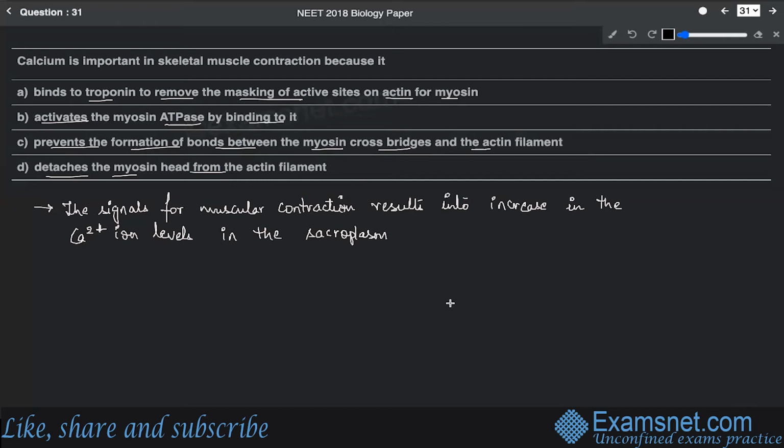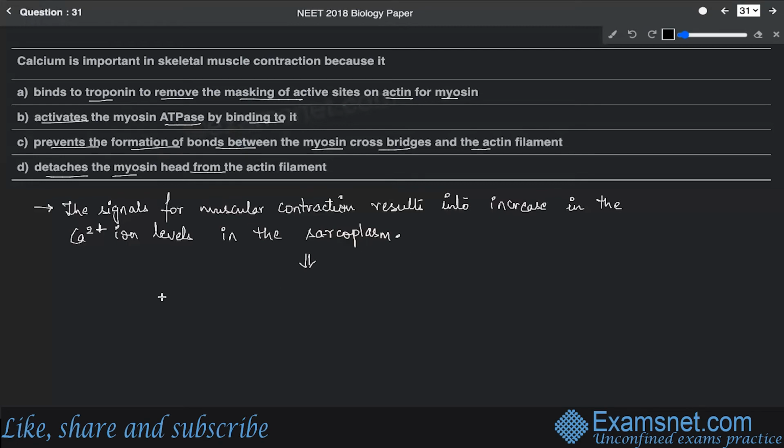Sarcoplasm is basically the cytoplasm of the skeletal muscles. So once the signal is initiated, it increases the level of calcium ions in the cytoplasm of the skeletal muscles.